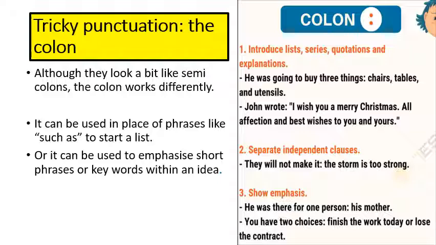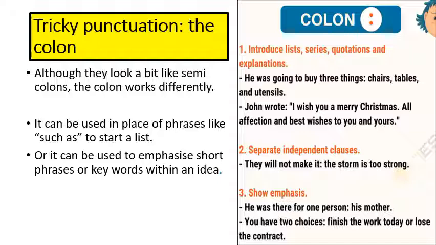Or John wrote, and then the colon, and then what he wrote after that. Or it can be used to emphasize short phrases or keywords within an idea. I always like to think of the colon in this sense as like an equal sign. Whatever comes before the colon on the left hand side is kind of explained or figured out by what comes on the right. Like this one here in the middle, number 2.